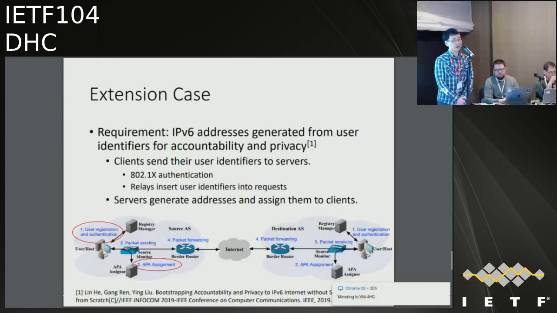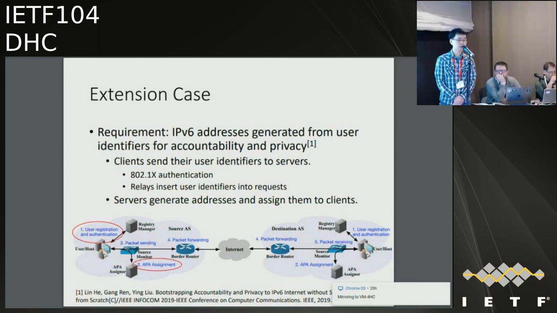Here we give an extension case which is published in IEEE Infocom 2019, considering such a requirement that IPv6 addresses are generated from user identifiers for accountability and privacy, and we have to do two things to achieve such a goal.